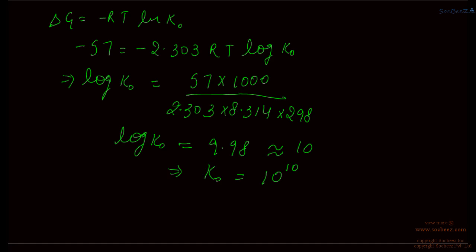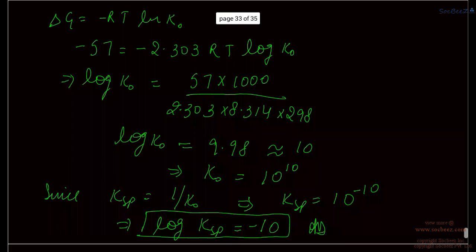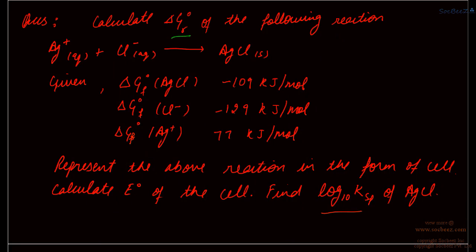So K naught comes out to be 10 raised to the power 10. Now since Ksp equals 1 upon K naught, the value of Ksp is 10 raised to the power minus 10. Therefore, log of Ksp equals minus 10. This is the required value of log Ksp in this question.